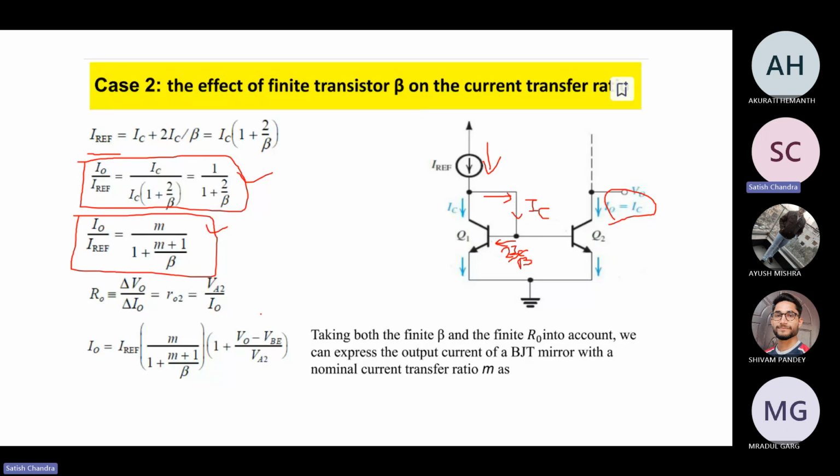And if we further consider the early voltage effect, then this becomes the overall generalized value. And if you want to make a current mirror, we need to nullify this particular term, or make the value 1, then it behaves like a current mirror.